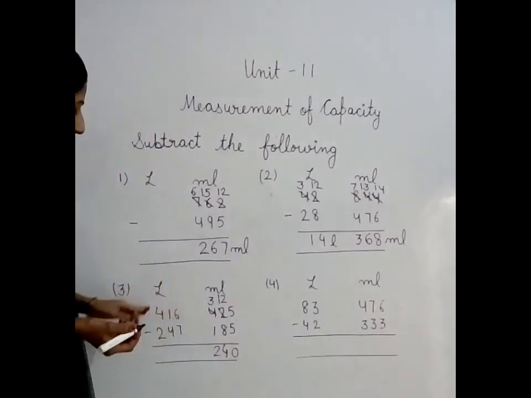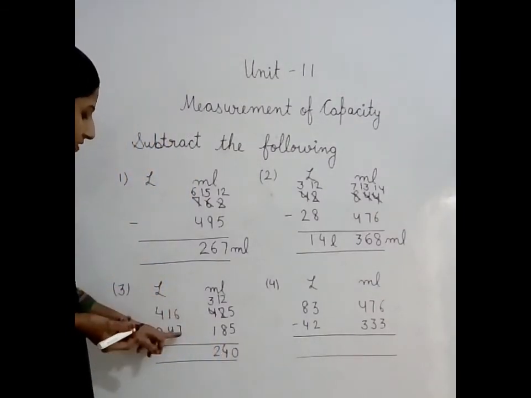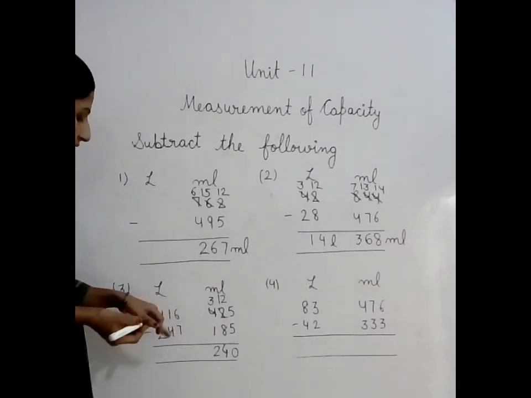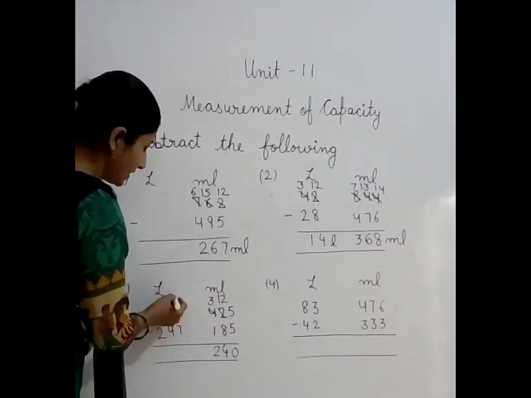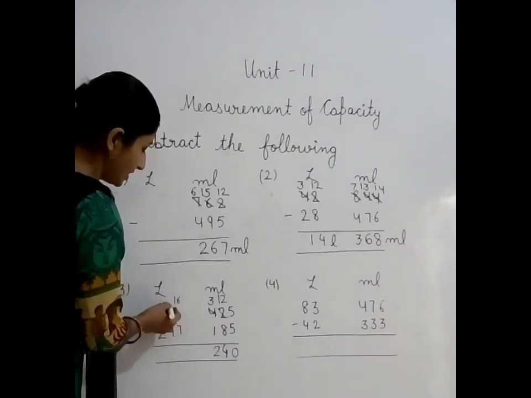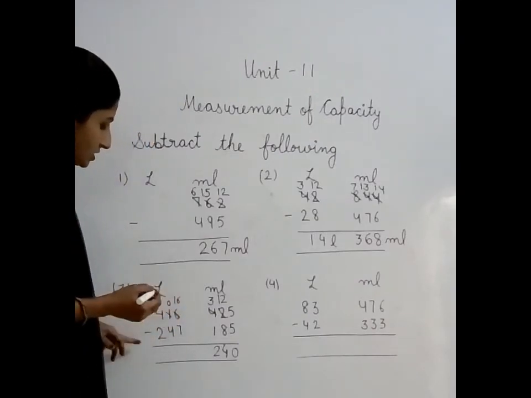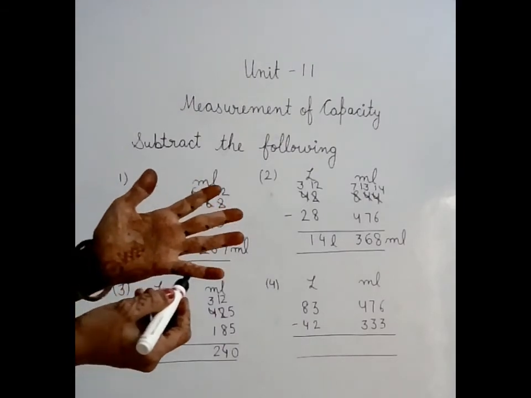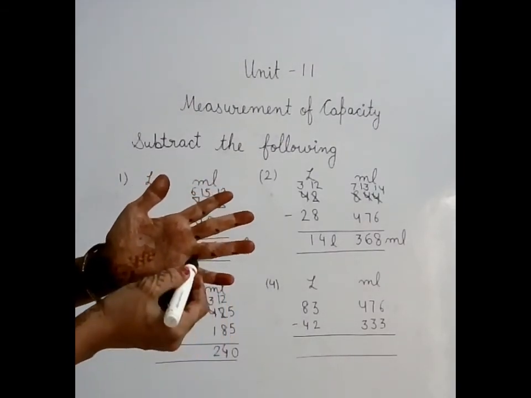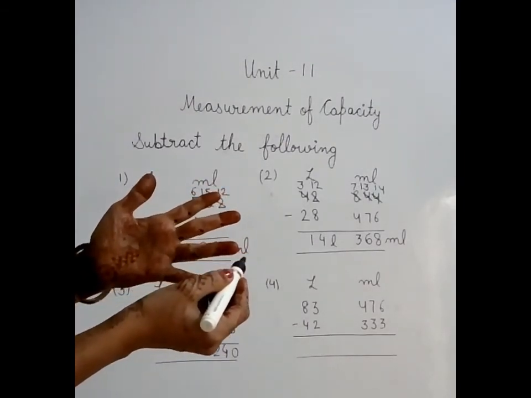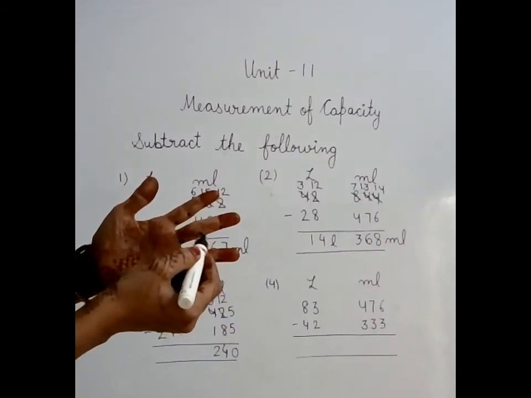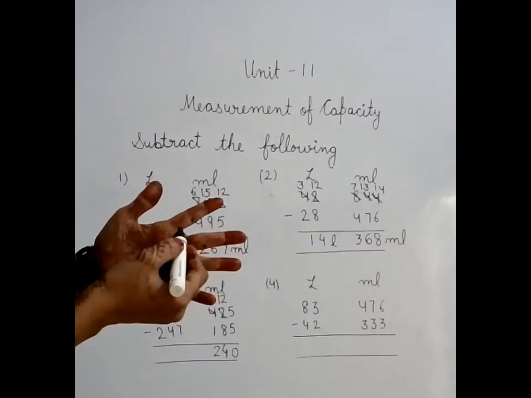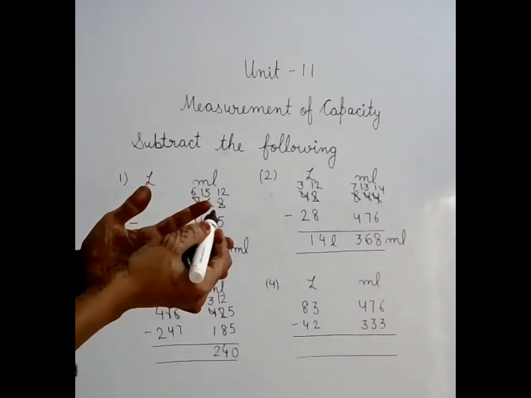Now move to liter side. 6 minus 7 is not possible. Taking borrow. Here is 16 and here is 0. Now 16 minus 7, count on your fingers. 1, 2, 3, up to 16.